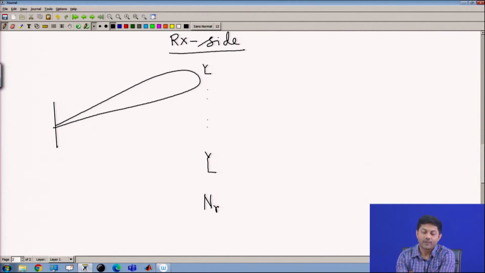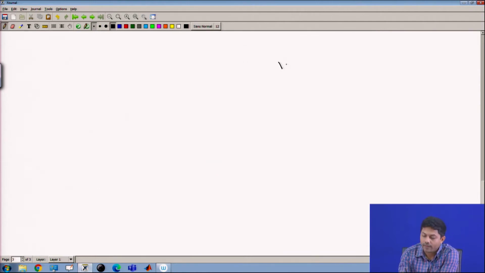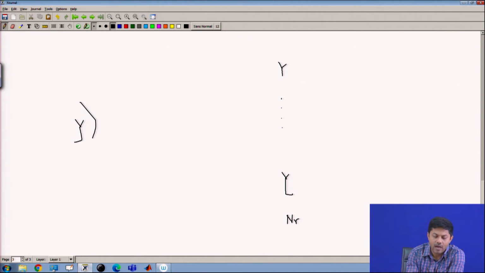Suppose n number of antennas are there at the receiver and I just transmit from one antenna. Let us say I take a simple case, I come back to this example. I have multiple receive antennas NR and let us assume I am just having one antenna at the transmitter and it is isotropically radiating.